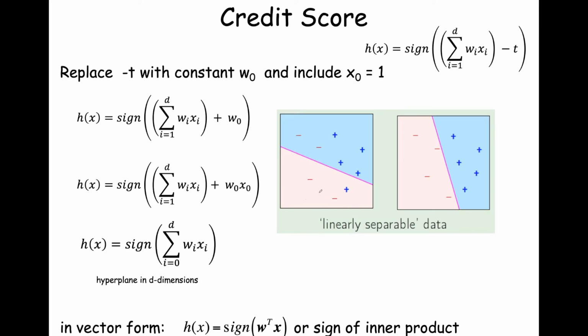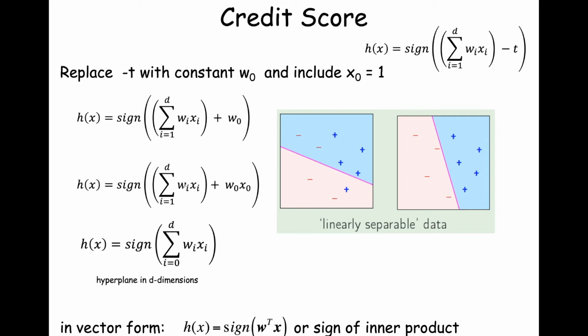And so we took a closed form expression for a hypothesis, which was the score minus the threshold. If that quantity is greater than 0, sign returns a +1, otherwise sign returns a -1. We clean this up a bit by absorbing the threshold, minus t, into a constant w0, and we included a dummy variable x0 whose value is fixed to 1.